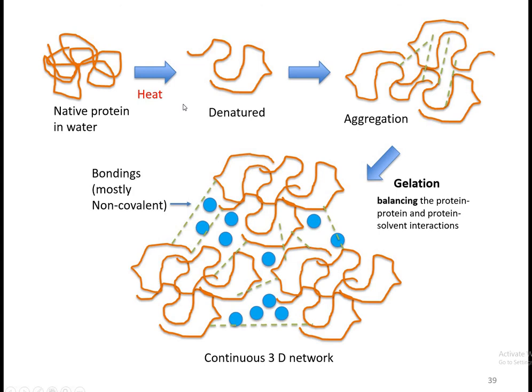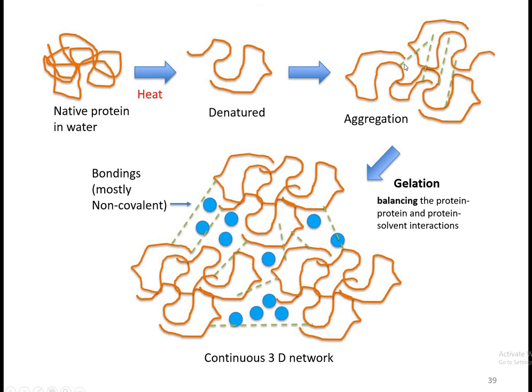As we learned from previous lectures, it's going to be denaturation. You can see it start to expose hydrophobic groups, and then as heating continues, there's going to be aggregation. This is basically molecules coming together.